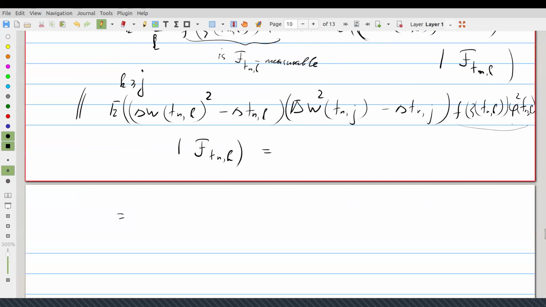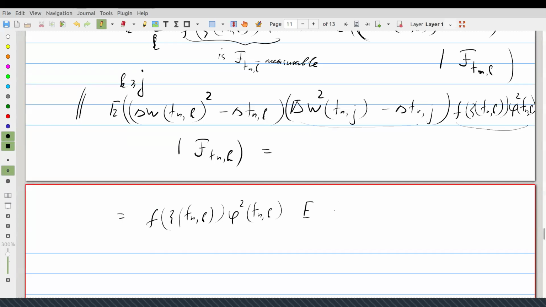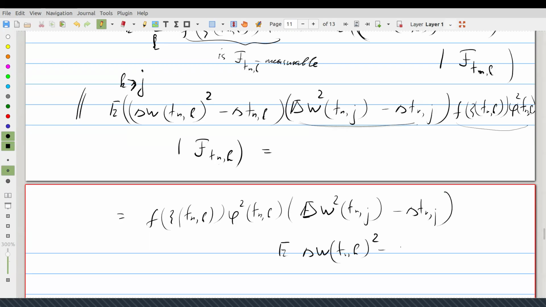Then we can get this out and this out to obtain psi t and k phi squared t and k times the mathematical expectation, and this is also measurable with respect to F t and k because j is strictly less than k, of delta W t and j squared minus delta t and j, times the mathematical expectation of delta W t and k squared minus delta t and k with respect to the sigma algebra.